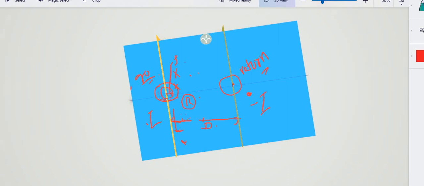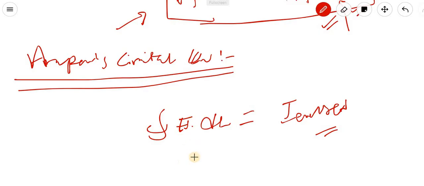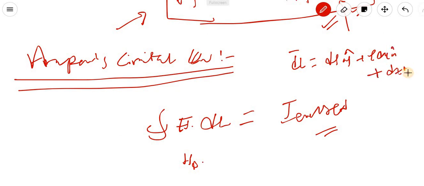For that, the elemental line change in cylindrical coordinates is d rho a rho plus rho d phi a phi plus dz az.